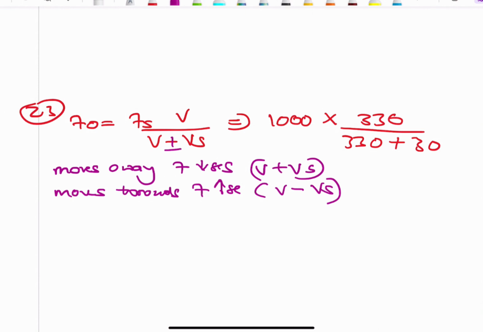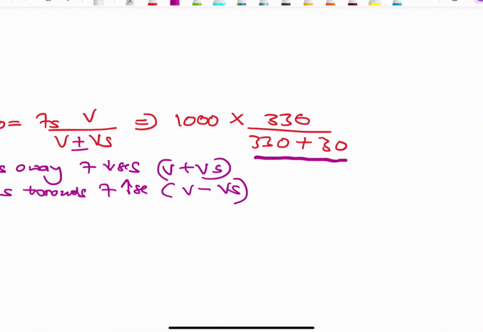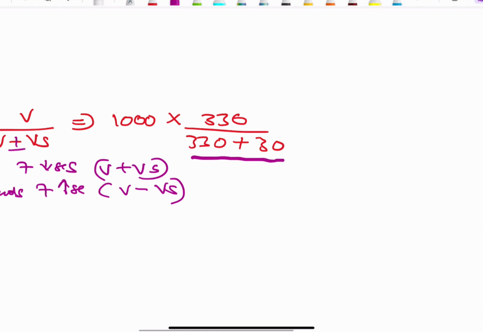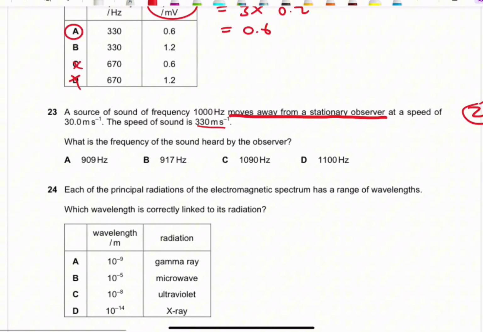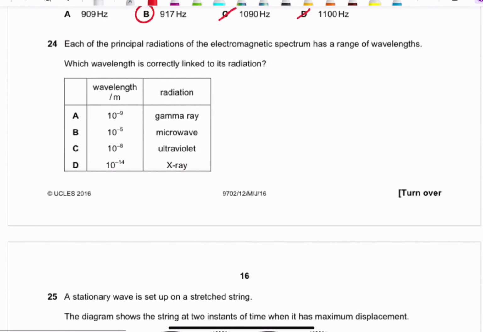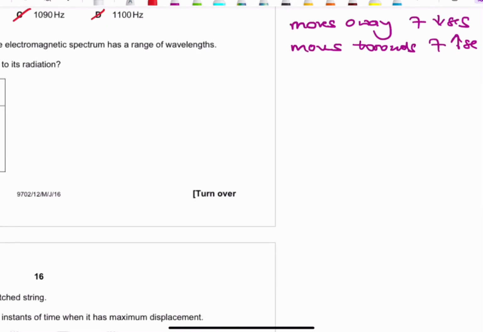So this one will give me a fraction if the denominator is greater than 330, and a whole number if the denominator is smaller than 330. But this one would basically give me a frequency of 917 hertz, right? So with elimination, C and D were supposed to be wrong because it can't be greater than these ones if it's moving away. The frequency is going to decrease, so it has to be B. Very important.